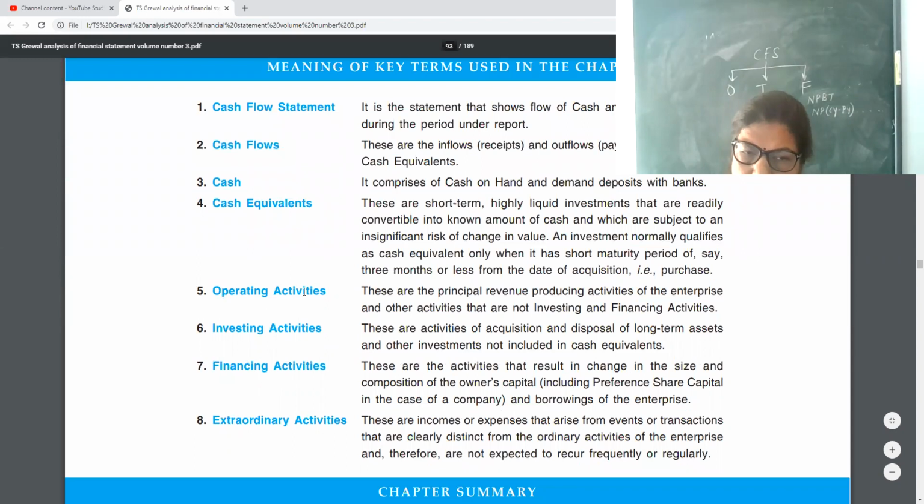There are three activities. Operating activities means main activities of the organization. Investing activities are related with the long-term asset. Financing activity is related with the owner's capital and borrowed capital.